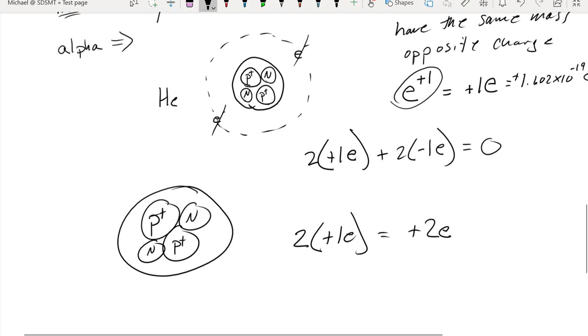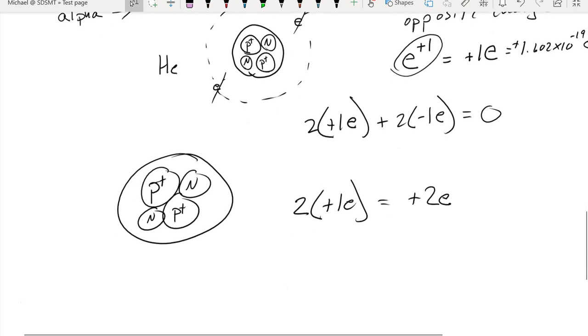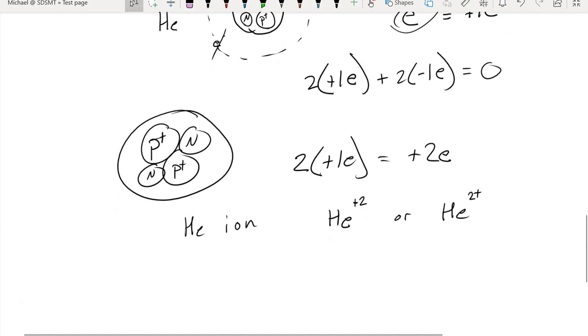This entire construct is what we're going to call our alpha particle. And so technically this would be a helium ion, and we would label it as such, as He positive 2, or I've even seen some chemistry books that'll write it this way, 2 positive. But what this does is it tells us that we have a helium nucleus with a positive 2 electric charge.